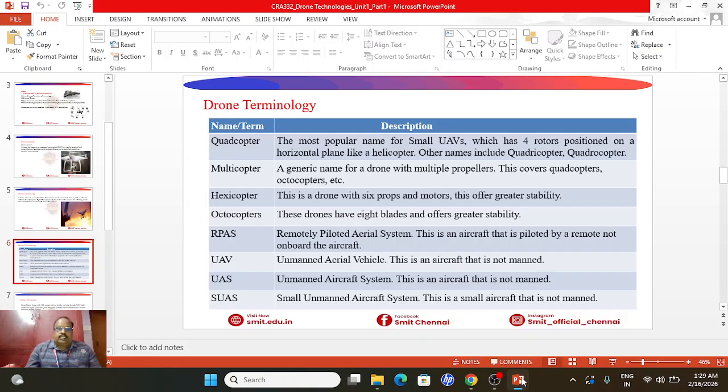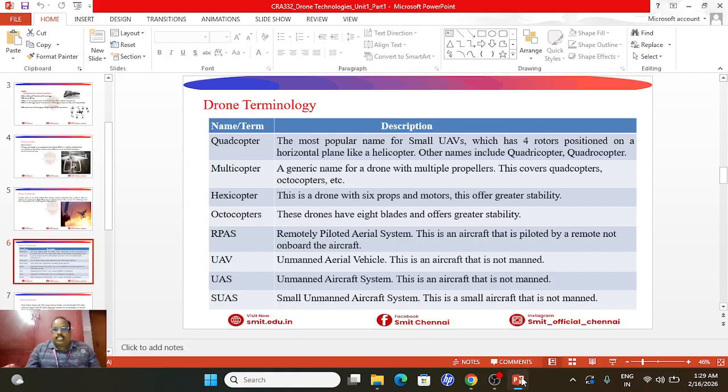Multicopter is the generic name for a drone with multiple propellers. It covers quadcopters and octocopters, which have 4 propellers or 8 propellers. Hexacopter is the drone with 6 propellers and motors.